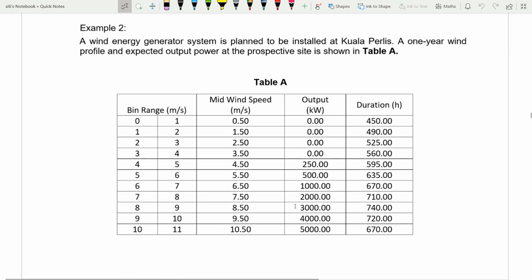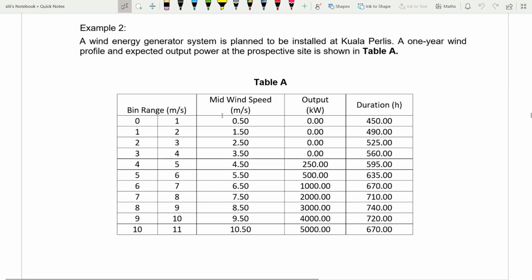Example number 2. A wind energy generator system is planned to be installed at Kuala Perlis. A 1-year wind profile and expected output power at the prospective site is shown in Table A. This is a wind range between 0 to 1, and then 1 to 2, then 2 to 3, and then you need to find the mid wind speed.